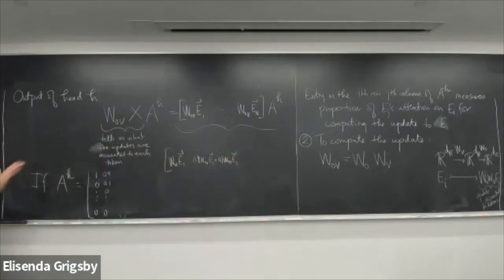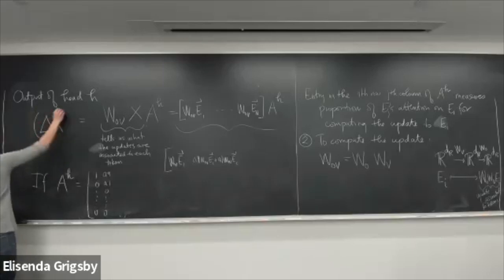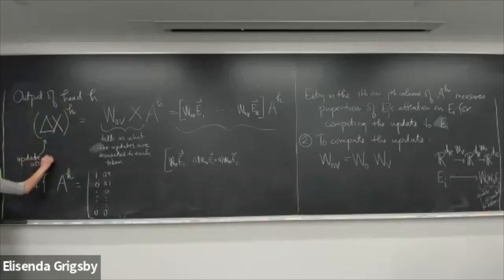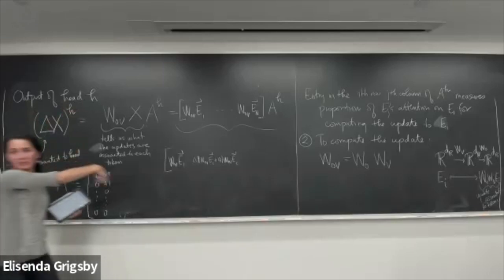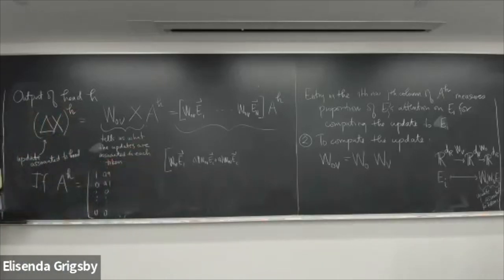And this you're actually thinking of as being the delta X. So you're going to add this to your X matrix now. So after the head, it becomes X plus delta X. This is the update associated to the head. So we had our original X, and now we'll add this to it. We do that for each head in this set of parallel heads.